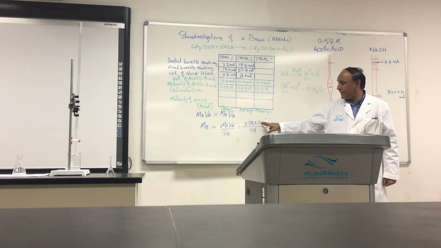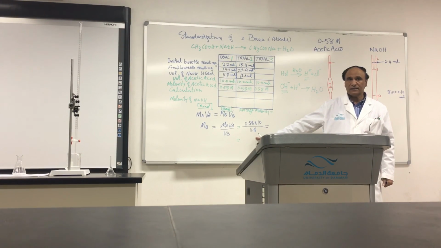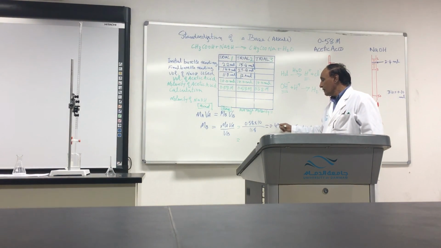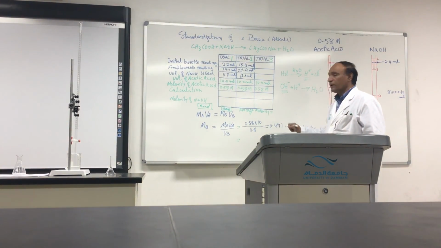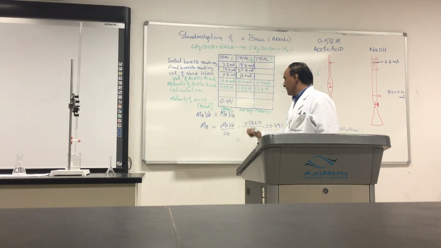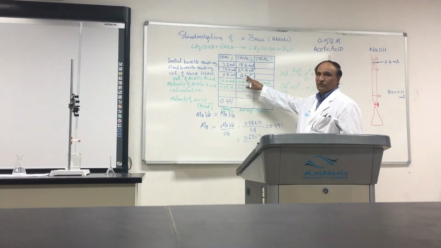This I know, this I know, this I know. I know three things, I can find the fourth. What is the answer? 0.491.